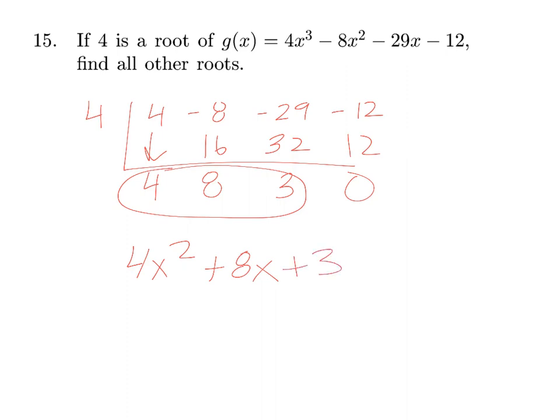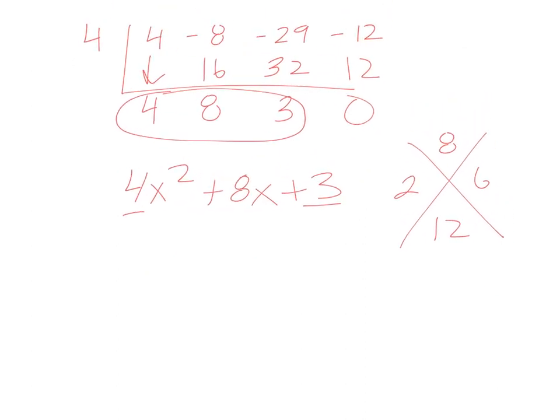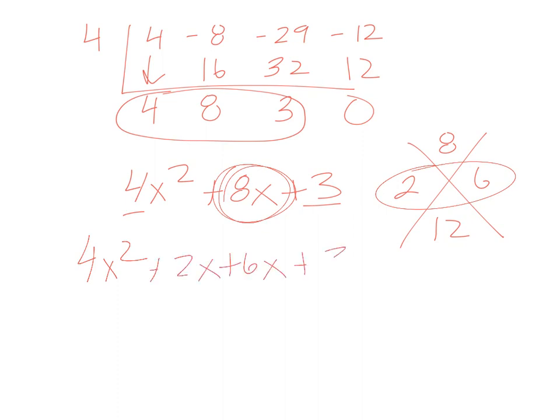Okay, now I just have to factor this. So what two numbers add up to 8 but multiply to give you 12? All right, 2 and 6. All right, so I'm going to have 4x squared. I'm going to break this middle term up using these two values, plus 2x plus 6x plus 3.